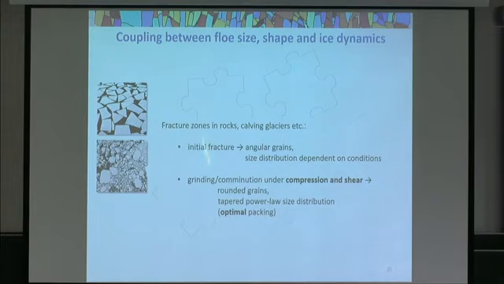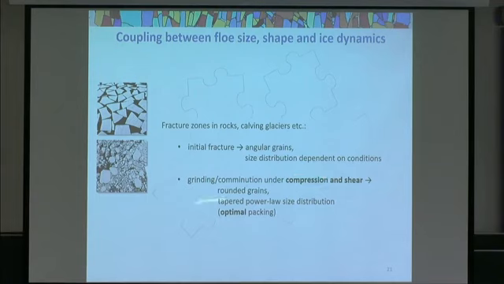So in sea ice we might have initial distribution of ice floe sizes like this when the ice is broken by waves, and we have a dominating floe size. There are some recent numerical results that show that we have floe size distributions close to normal Gaussian ones in this case. And then the power law, the wide size distribution of floe sizes develops under combined compression and shear, which is something typical for the inner marginal ice zone.